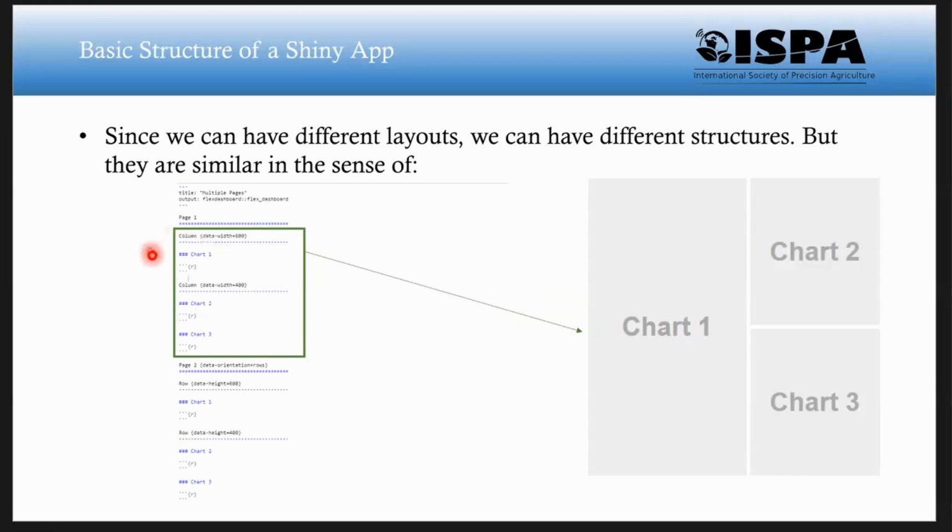But you can see here that in this part, we have just one chunk, meaning this will be the chart. And here we have two charts separated by this column, chart 2 and chart 3.